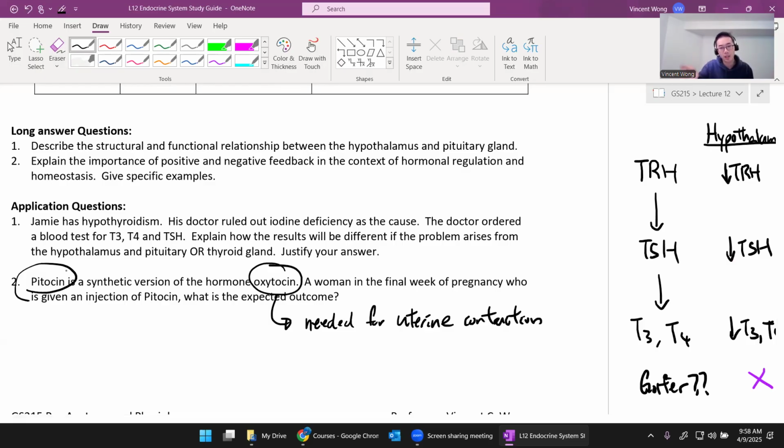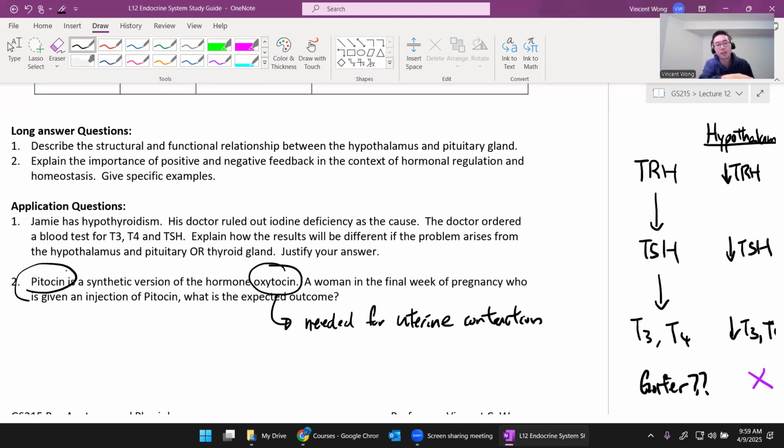Okay. Once you inject the Pitocin into the mother's bloodstream, that would trigger the initial wave of contraction. And once you have that initial wave of contraction, that would send a signal to the person's brain, the posterior pituitary gland, to release natural oxytocin. And then it keeps going.